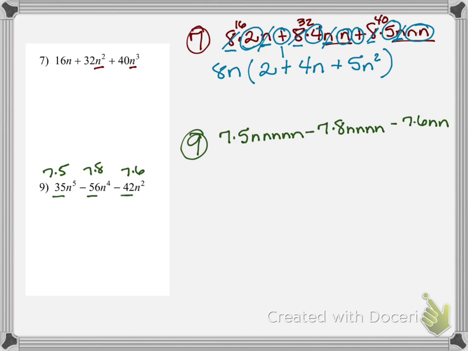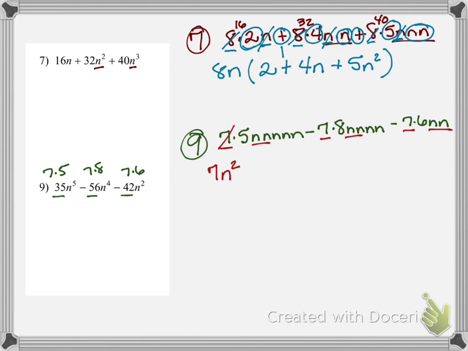Now once you get used to it, you don't have to be writing all these n's and all these factors. You'll be getting used to just pulling it out, period. So what do I have in common? Well, I've got a 7, and notice that they all have at least 2 n's. So what I'm going to do is say, okay, they have 7n squared in common.